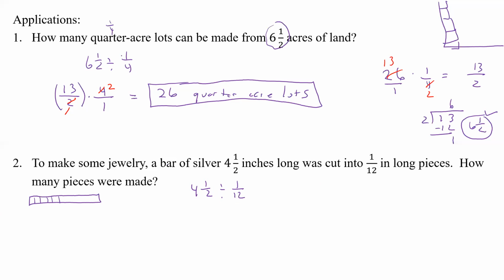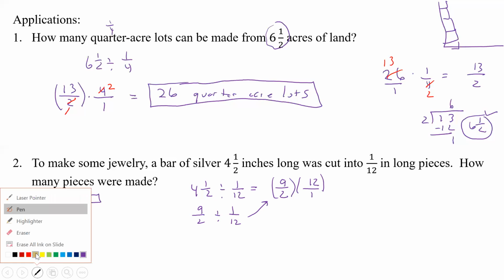Now we're back to what we had basically up here. And so we have to make an improper fraction. So 2 times 4 is 8, plus 1 is 9. So that's 9/2. Now what are we going to do here? Well, we're going to multiply by the reciprocal, 12/1. So we've converted this into 9/2 divided by 1/12, and now we've converted it to multiply by the reciprocal.